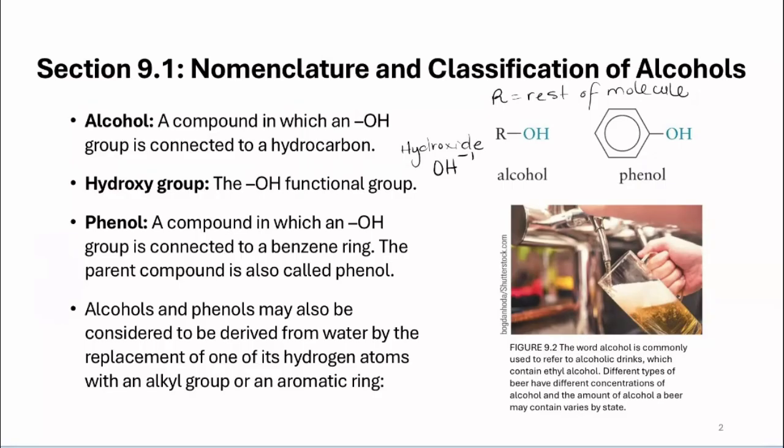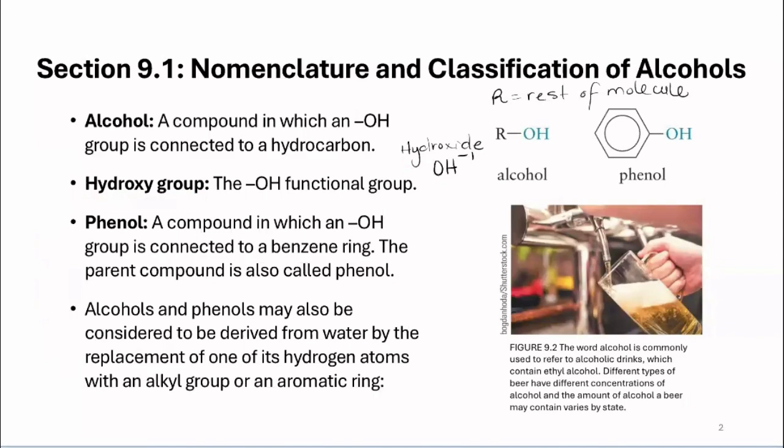And we saw that more recently in the context of bases. But remember that if you have hydroxide, that is an ion, and many times we see it involved specifically in ionic bonds. So whenever we have a covalent bond to OH, that is known specifically as a hydroxy group.